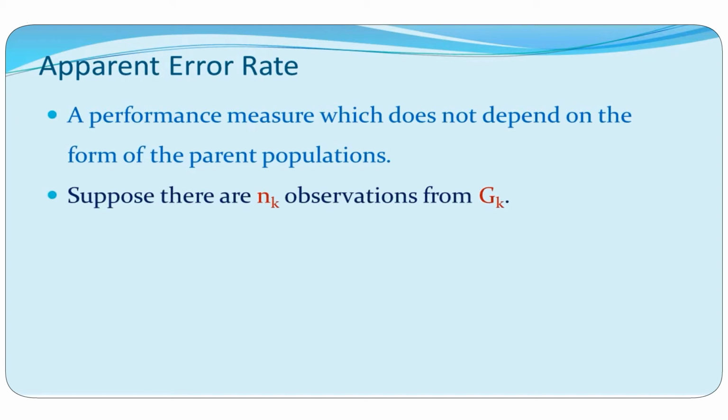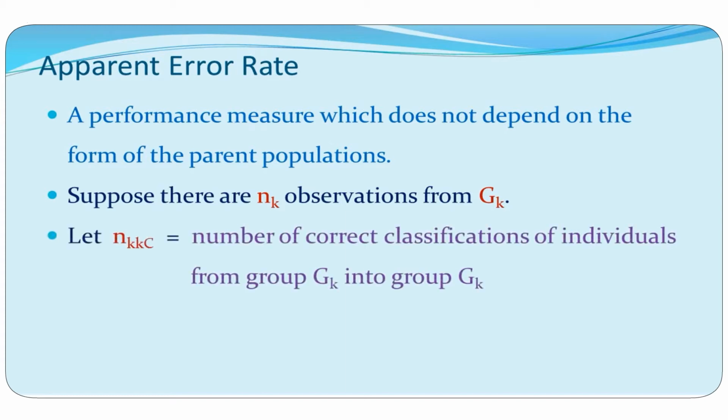Now suppose there are nk observations from gk, and we will denote by nkkC the number of correct classifications of individuals. So kk actually means that we have an individual from group k who is classified into group k, and C stands for correct classification.